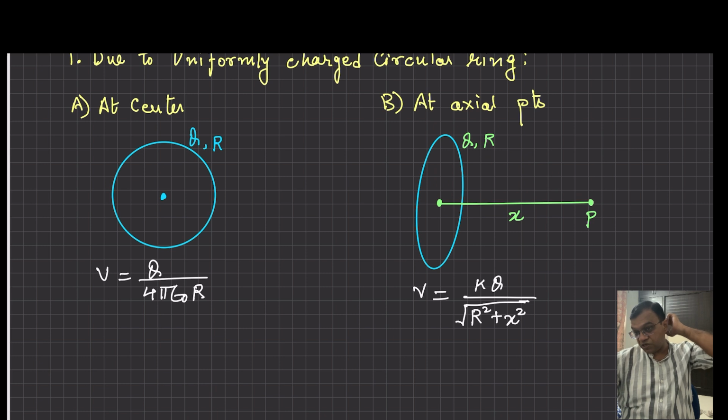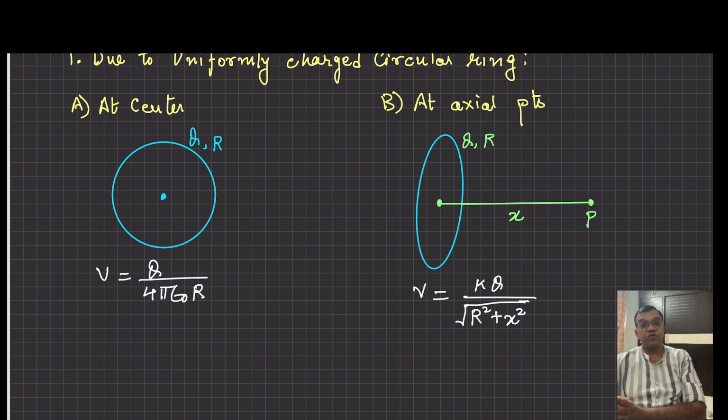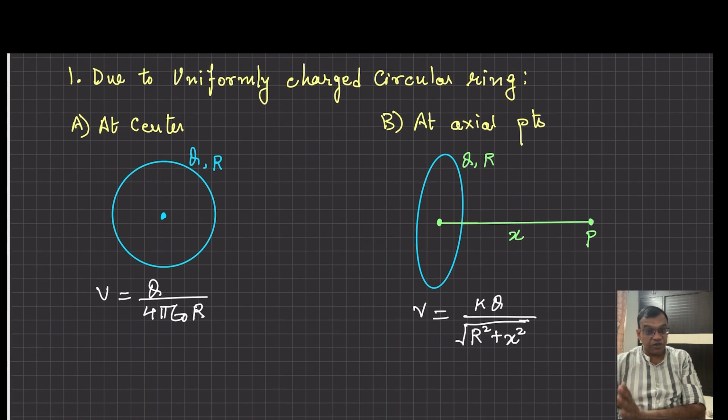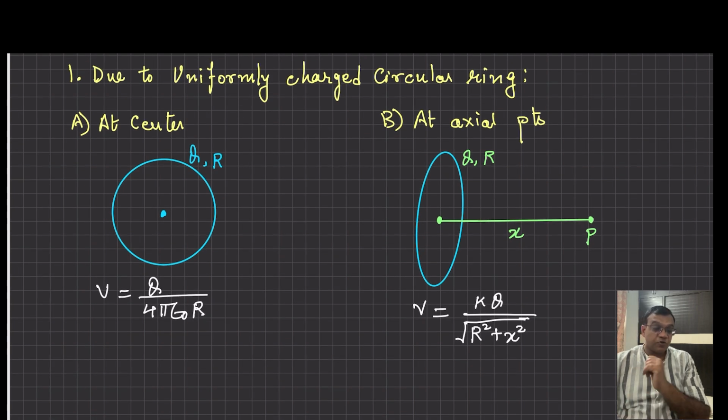So at the center it is KQ by R, and at the axial point KQ upon under root R square plus X square. Electric field at the center was 0, and at the axial point it was KQX upon R square plus X square to the power 3 by 2. So formulas you have to remember.